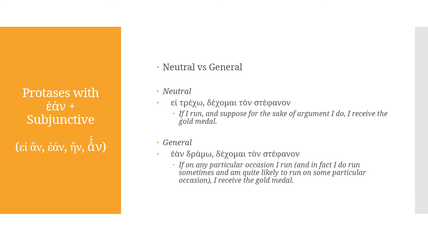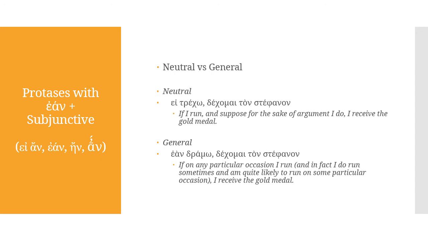The ean with subjunctive, if you're a Latinist, generally matches the si with a present subjunctive, where the present subjunctive is non-past in its scope. This also helps make clear why Greek does not use its subjunctive forms to form those counterfactuals.